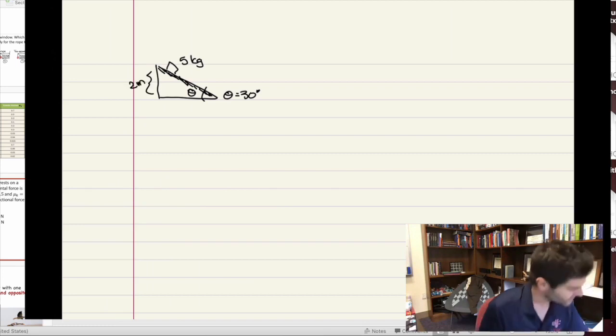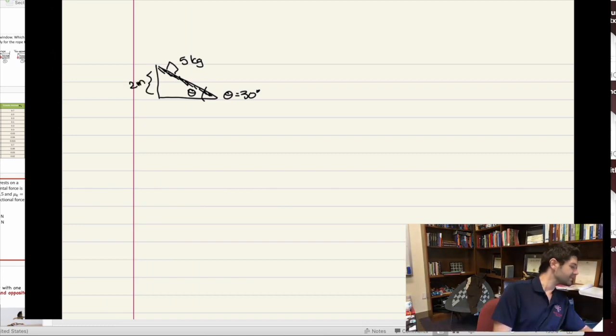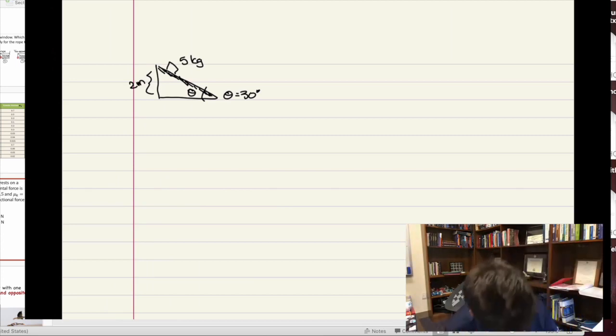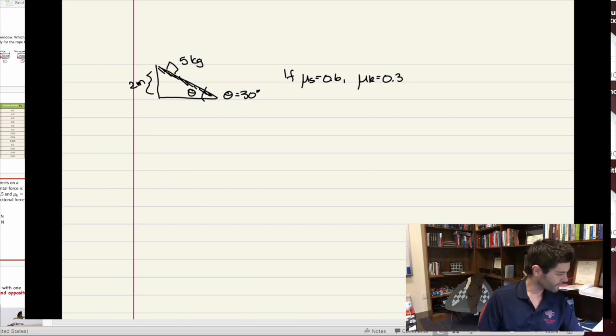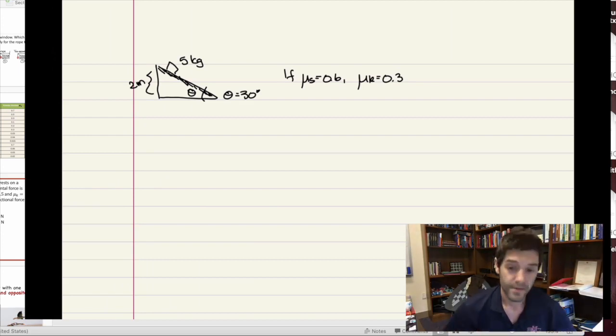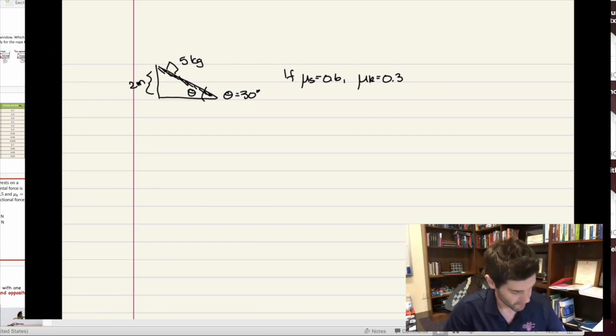This is 2 meters. I don't think that's needed. And the question is, if the static friction coefficient is 0.6 and the kinetic coefficient is 0.3, does the box move? And if so, with what acceleration?